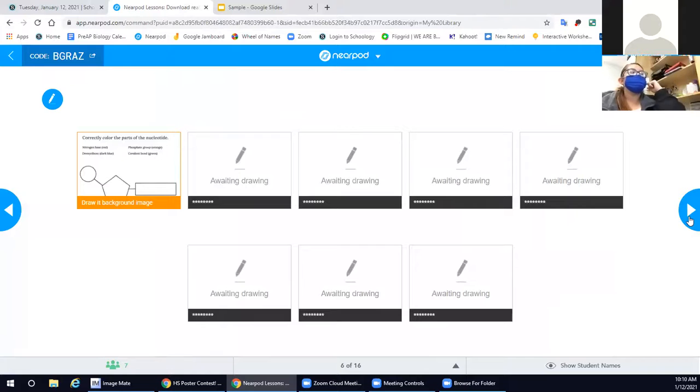All right, so go ahead and label. Oh, I'm just having you color. You're coloring. Color the nucleotide. Color the parts of the nucleotide.